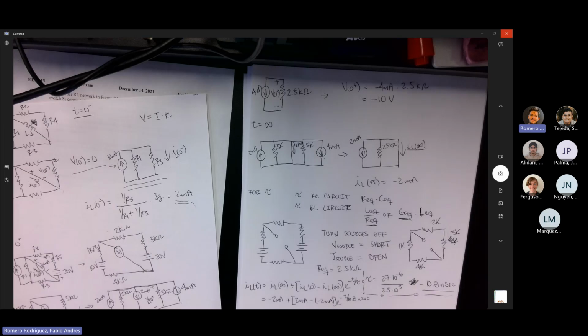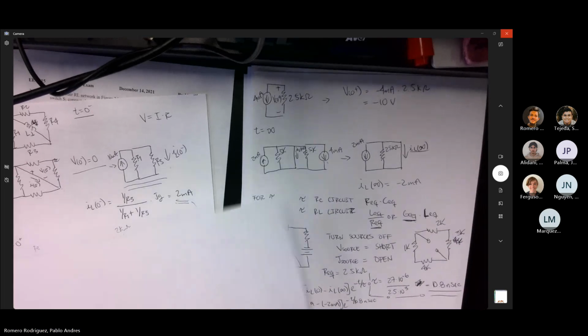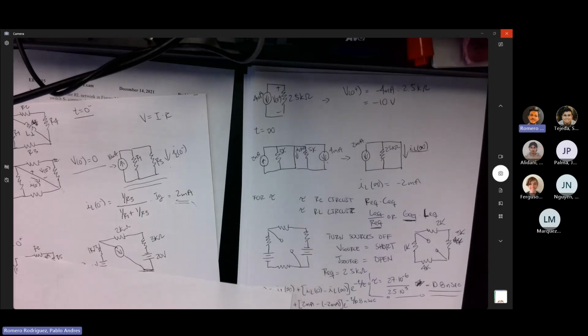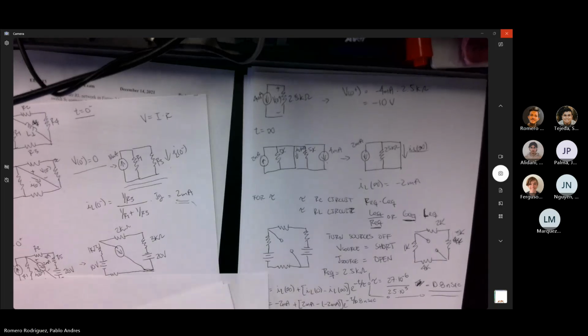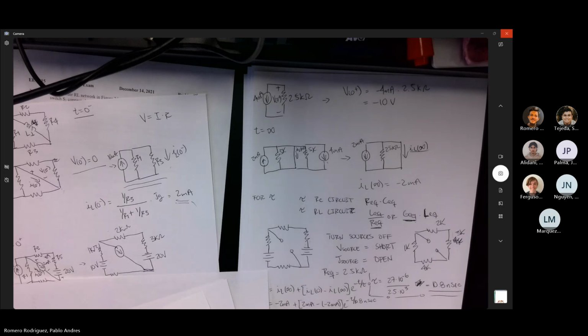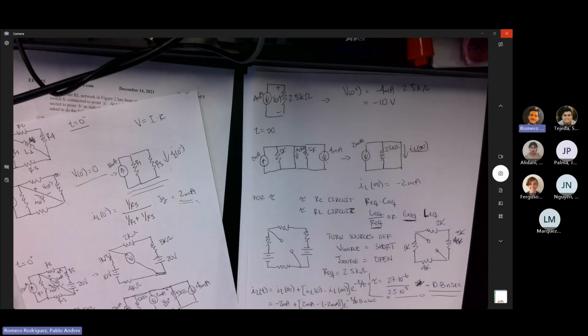I did not look at that last part, to be honest. But I think you just use the equation to find the current.